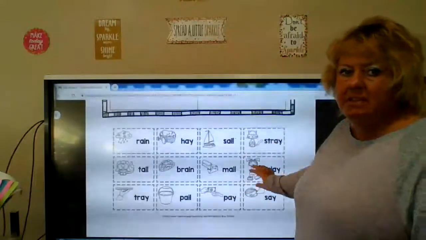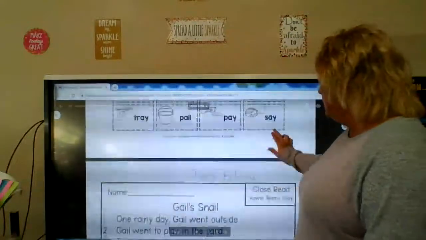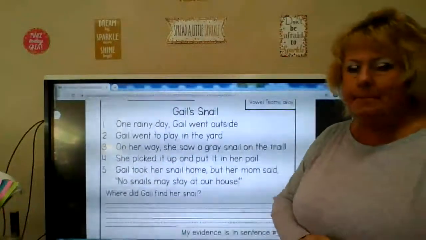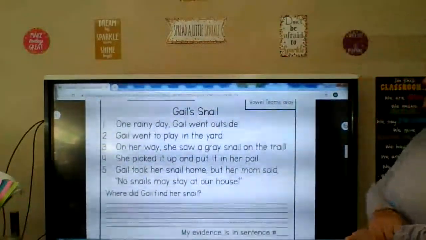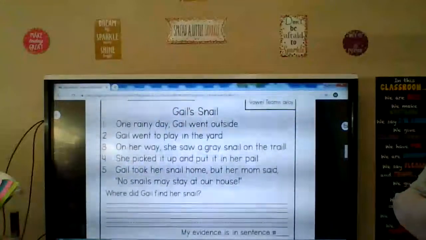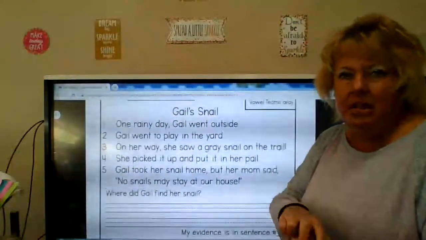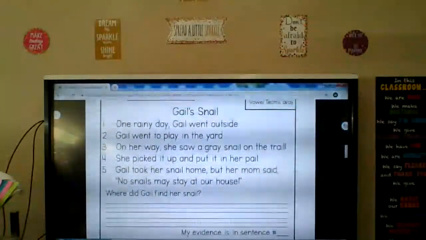You can pause me and do this page, and then when you're done, come back, and we're going to do the next page for today. Okay. Gail's snail. Gail's snail.